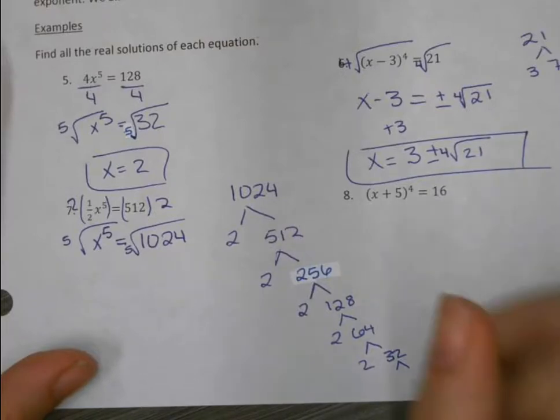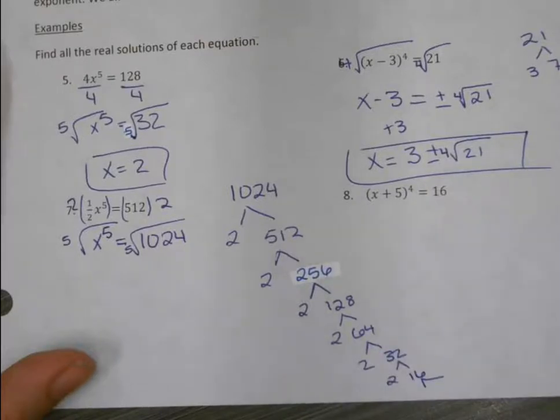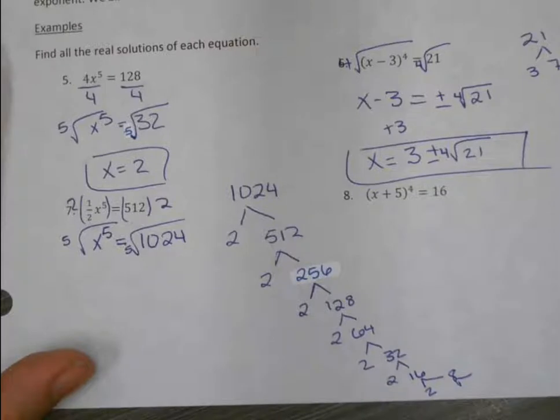What goes into 32? 2 and 16. And 16 is 2 and 8, and 8 is 2 and 4.